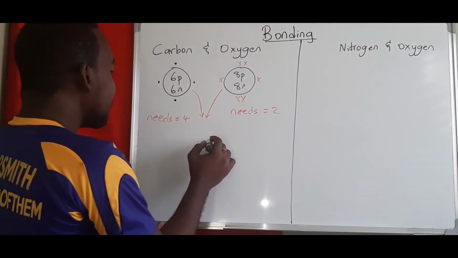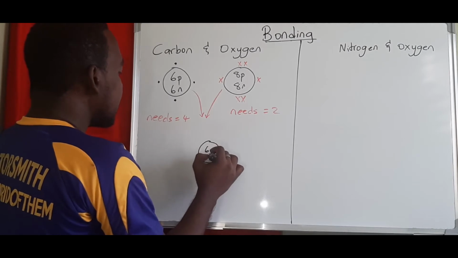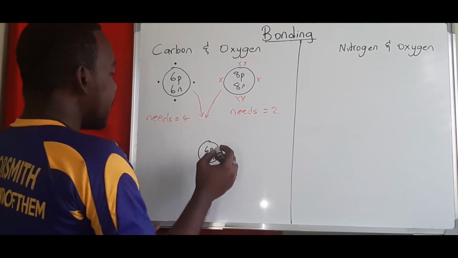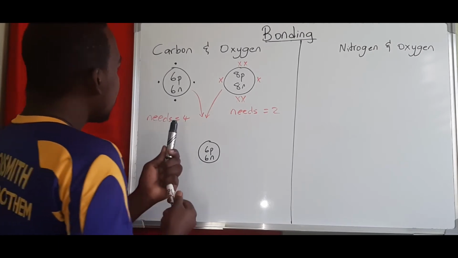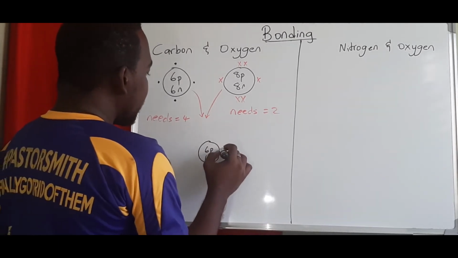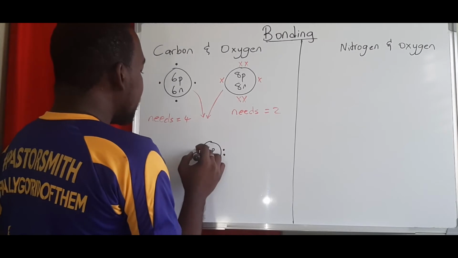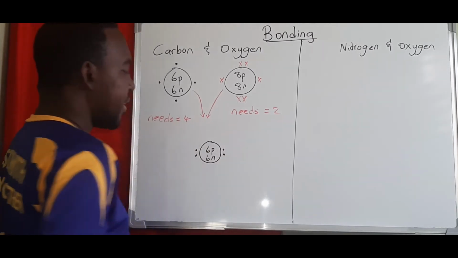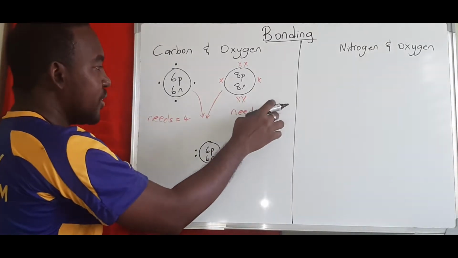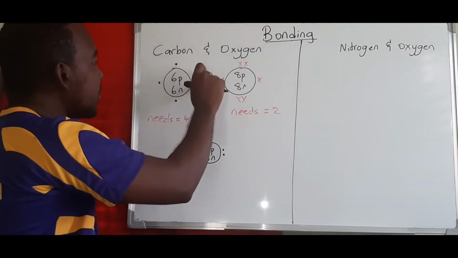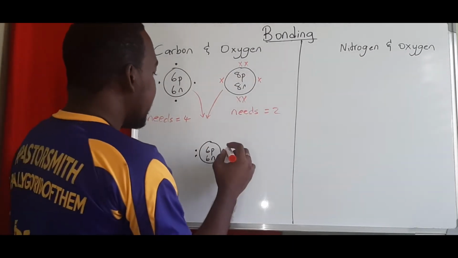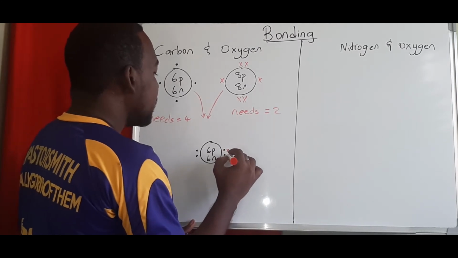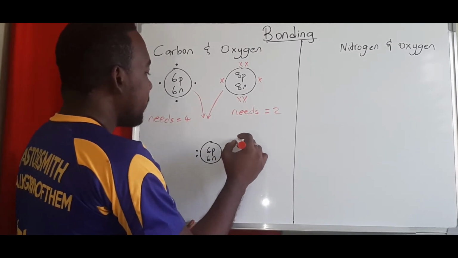So we're going to use carbon. Here's 6, 6, right? And we're going to draw. So if we're sharing 2, that means we're going to group the 2's together, right? Because remember, we need the lowest one is 2. So carbon is going to share 2 and oxygen is going to share 2. So oxygen now will share 2. So put 2 there, right?